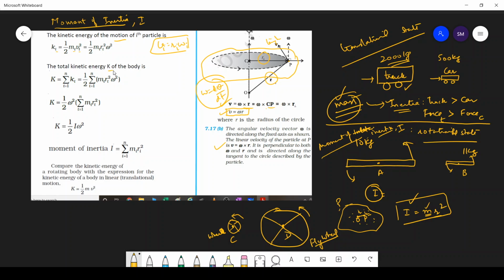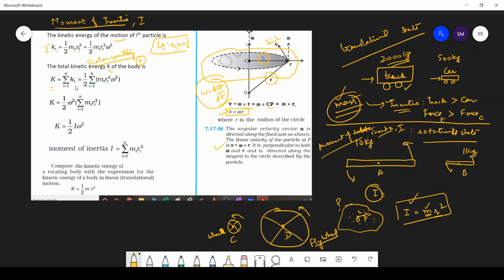So what will be the kinetic energy of the whole body? Kinetic energy, you know, is a scalar quantity, so we can simply add. We are simply adding the kinetic energy of all the particles, and you know that kinetic energy is always positive. So K is equal to the summation of these k's, that's the total kinetic energy of the body.